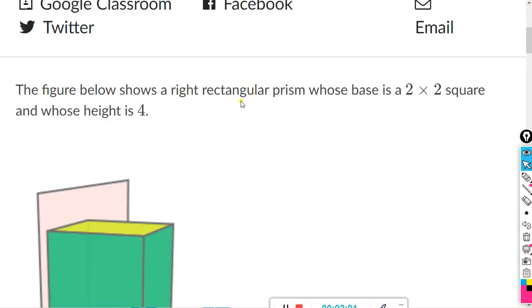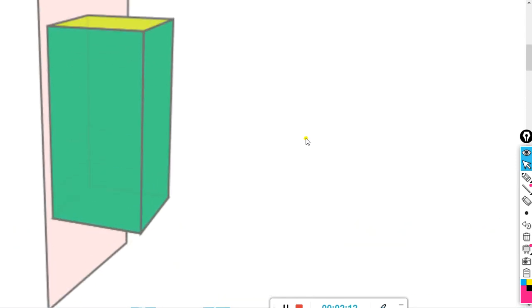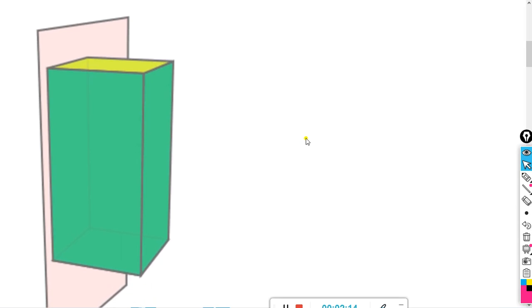The figure below shows a right rectangular prism whose base is a 2x2 square and whose height is 4. What shape does the intersection of the vertical plane with the prism look like? Okay, so we have the prism here in green, and this sheet is cutting the prism vertically from top to bottom.